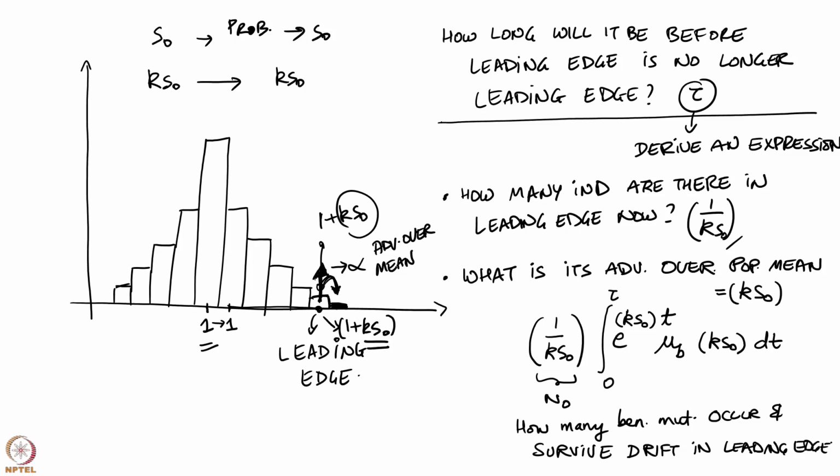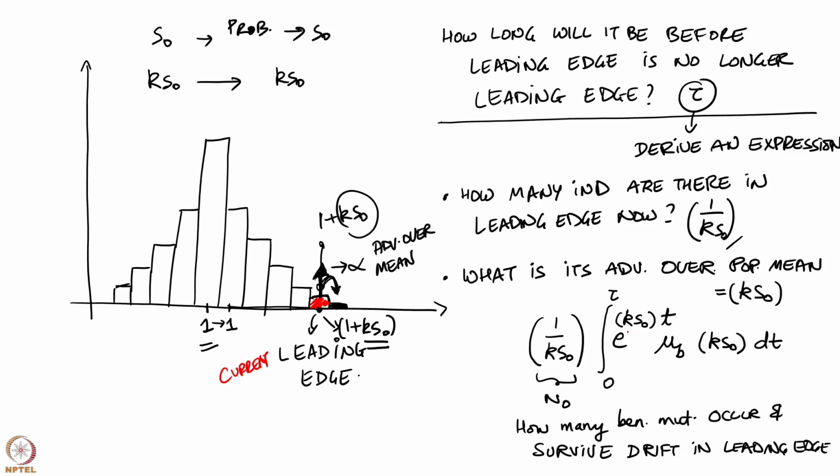Let me go over this again. This is the number of individuals in the leading edge. Let me do the current leading edge as red. So, this is the current leading edge. The number of individuals in the current leading edge is 1 upon Ks naught, because these are individuals that have actually already survived drift and have established themselves as the leading edge.